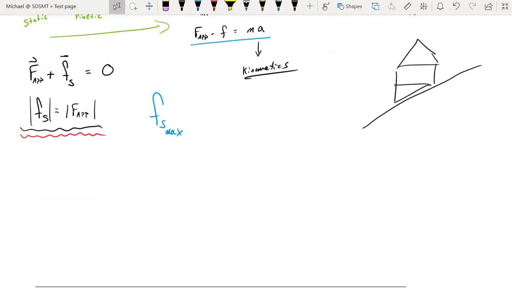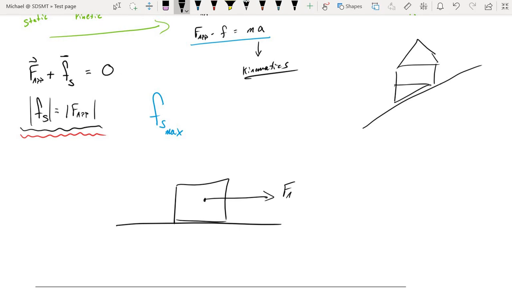Now we can still do those experiments to see what the essential breaking point is for our static friction. So we want to continuously increase the amount of applied force until we reach that maximum static friction.